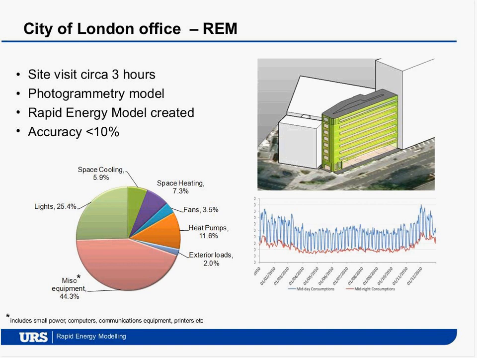So all the power, computing, printers, faxes and so on and so forth, and it's an intensively serviced building. So you can see how that correlates to what you might expect, that the biggest proportion of energy use is down to miscellaneous equipment. But lighting is the other big one.